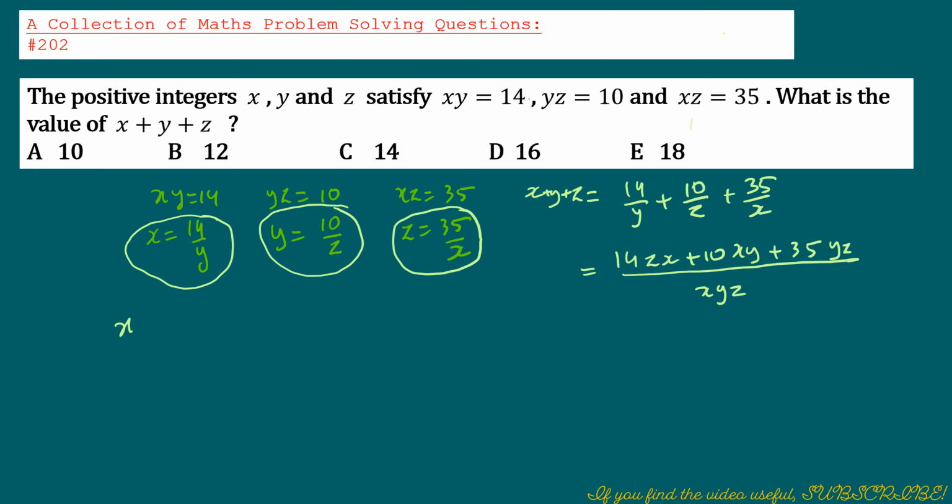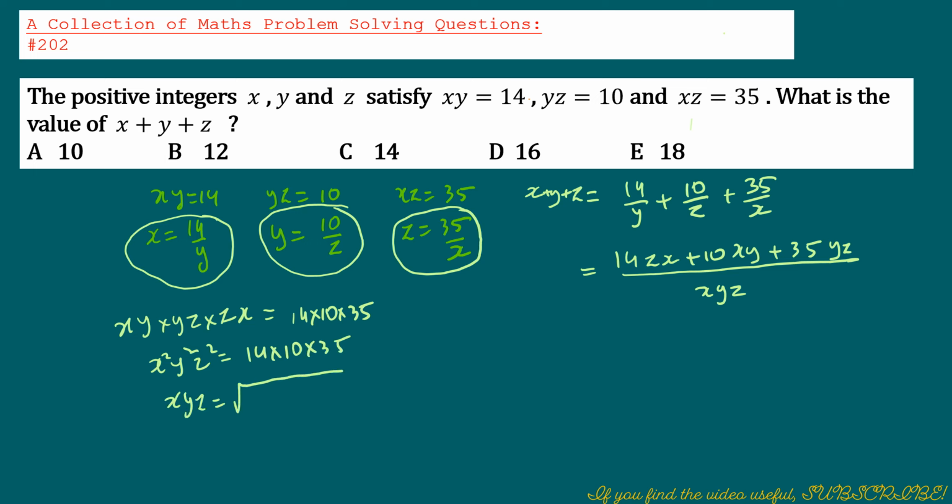We'll get xy times yz times zx, or xz, equals 14 times 10 times 35. So we get x squared y squared z squared is 14 times 10 times 35. For xyz, you would get the square root of 14 times 10 times 35.